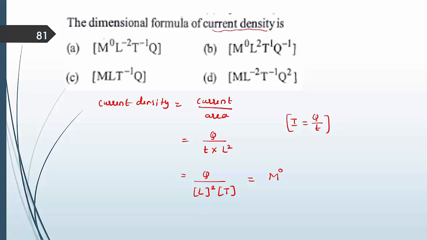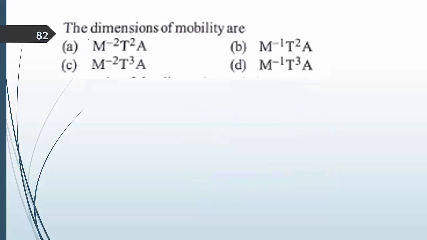M raised to 0, there is no M here, L raised to minus 2, T raised to minus 1, Q. So this is the dimension for current density: M raised to 0, L raised to minus 2, T raised to minus 1 into Q. So option A is the dimensional formula for current density.